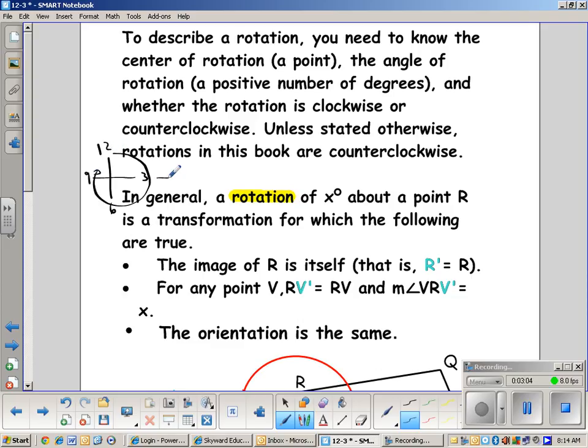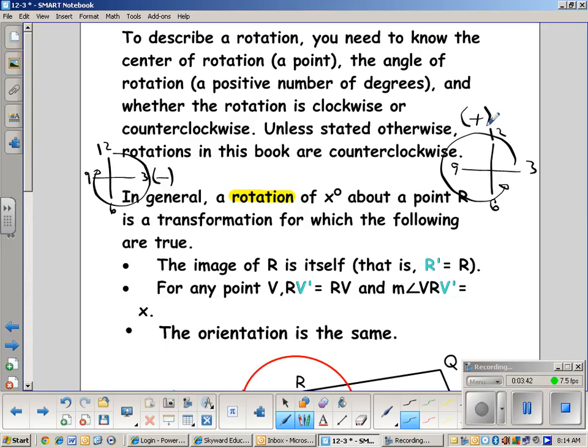That's going to be a negative rotation. If we go this way, that would be a positive rotation. Okay? That's universally known throughout math. So, unless you're told otherwise in a very specific situation, whenever you're going counterclockwise, that's a positive rotation. Whenever you're going clockwise, it's a negative rotation.